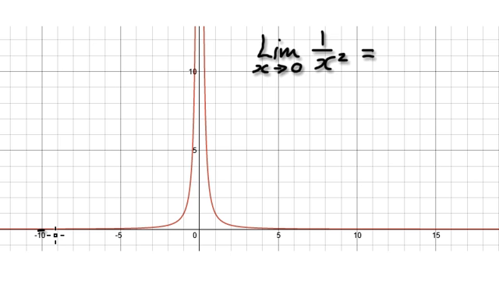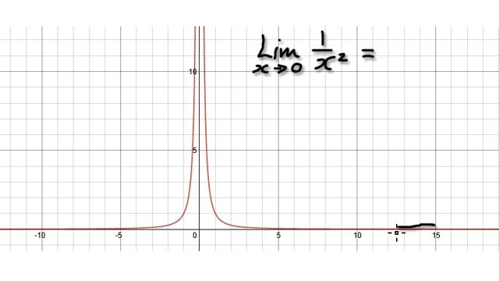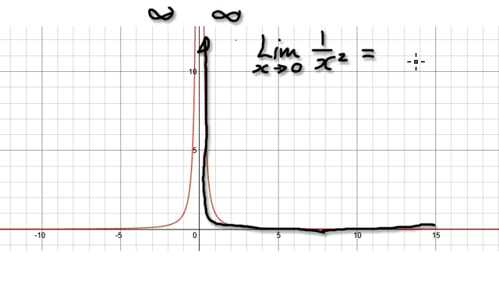From the left hand side it is heading towards infinity, and if you consider the limit as it approaches zero from the right hand side, it's also heading towards infinity. So here we can say the limit is infinity.